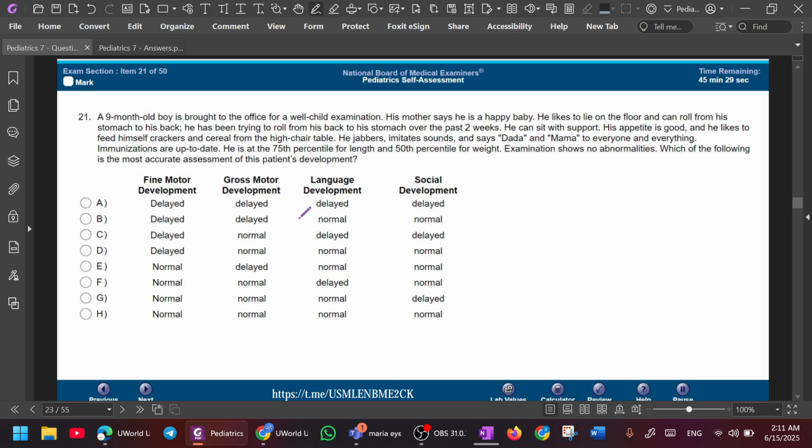He likes to feed himself crackers and cereal from the high chair table. He jabbers, imitates sounds, and says Dada Mama to everyone and everything. Immunizations are up to date. He is at 75th percentile for length, 50th percentile for weight. Which of the following is the most accurate assessment of this patient's development?